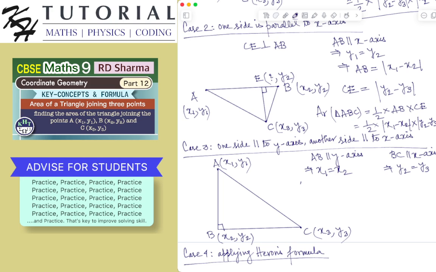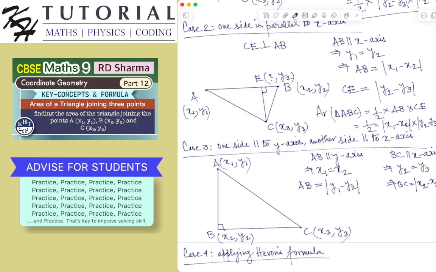So what will be AB? Since the line segment AB is parallel to the y-axis, its length will be the absolute difference of the ordinates of the points A and B. So the absolute value of y1 minus y2. And since the side BC is parallel to the x-axis, its length will be the absolute value of the difference of the abscissa of points B and C, the absolute value of x2 minus x3.